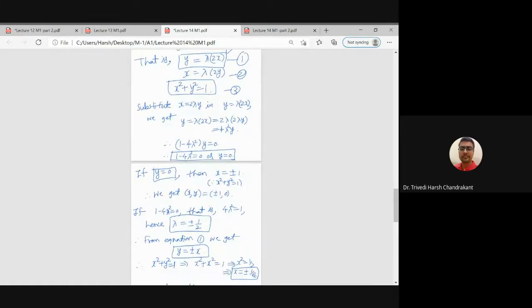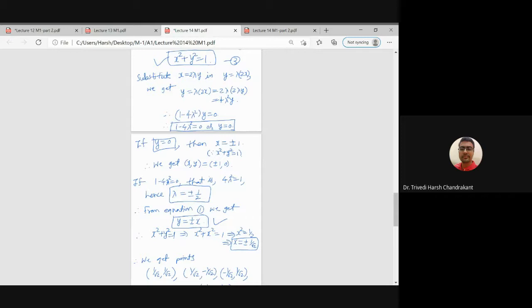That equation we are getting basically from equation 1, and then we have used equation number 3. So if we substitute y equals plus or minus x in equation 3, then basically we get all the possible values of x. So they are plus or minus 1 by root 2, right? So using lambda equal to plus or minus half, we have found the value of x, and then if we know the value of x, we can find the value of y which lies on the unit circle.